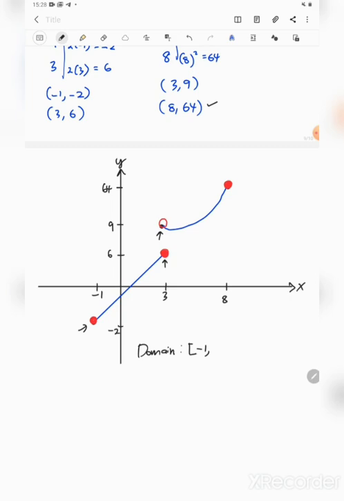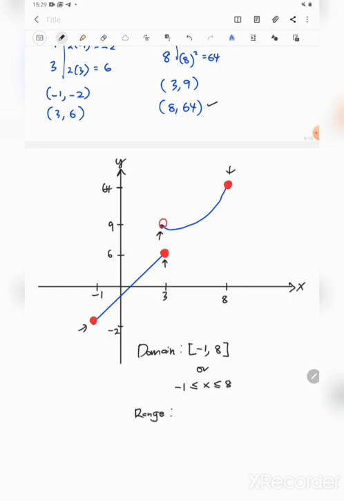Even though now we have one open, one close, we consider this as close. The graph continues until point number 8. At 8 we have a square bracket because this is a closed point. Other than this, you can also write it this way: -1 less than or equal to x less than or equal to 8. This is the domain.